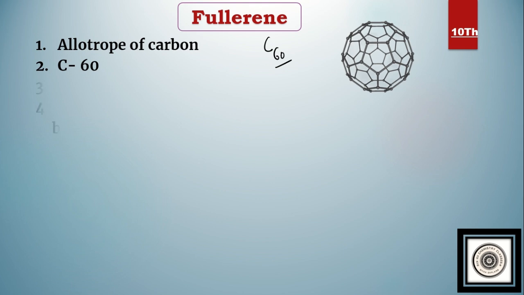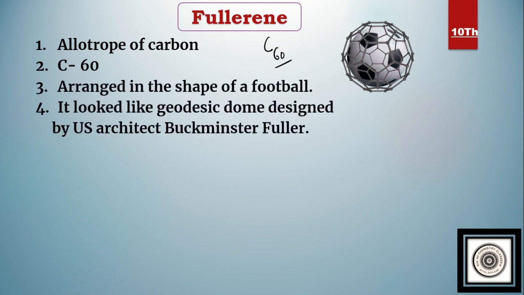It's arranged in the shape of a football, and it looks like a geodesic dome designed by the US architect Buckminster Fuller. Buckminster Fuller was not a scientist or chemist or anyone related to the science field, but an architect. When C60 was discovered, it was seen that C60 has the same geodesic dome design that was built by the architect Buckminster Fuller. So in his honor, the molecule was called fullerene.